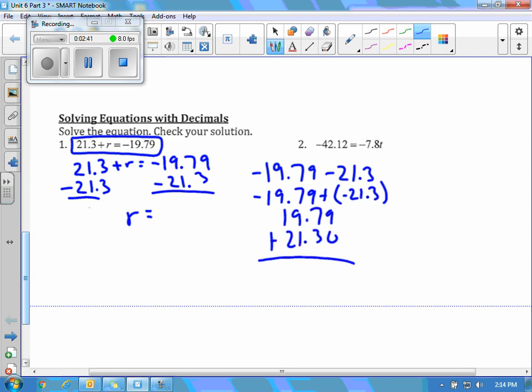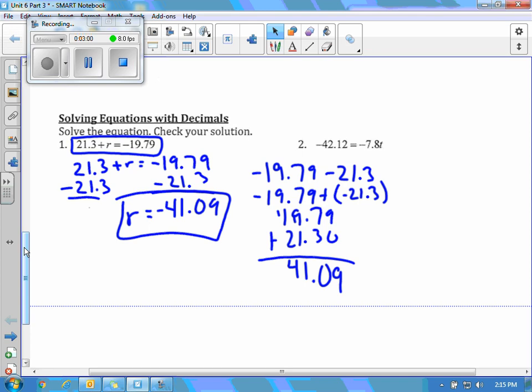So when I go to add these, that's going to give me 9, and then there's a 1. Decimals right there. That's 11, there's a 1. So I'll get 41.09. And since I have 2 negatives, that's going to be negative there. So number 2, I'll leave to you.